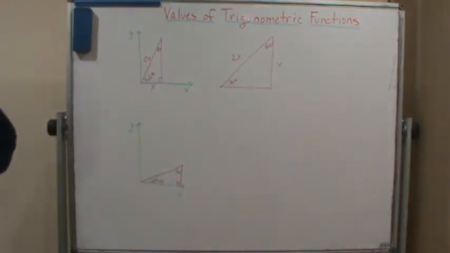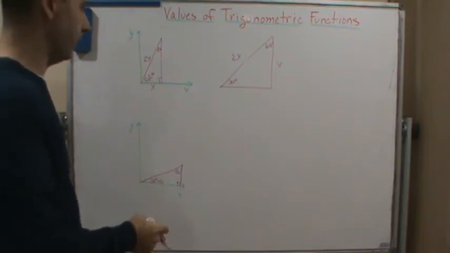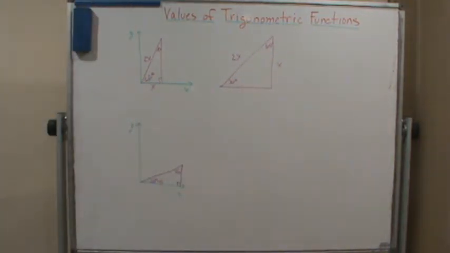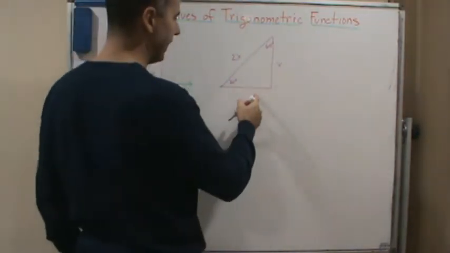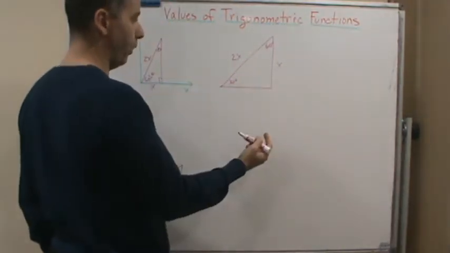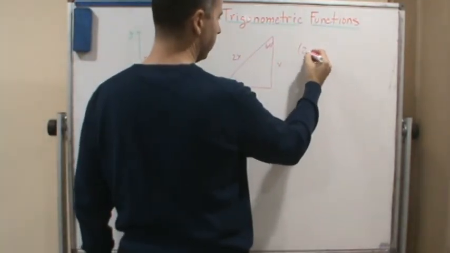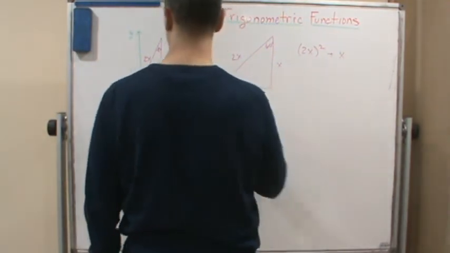And then if we use the Pythagorean Theorem to solve for this missing side, what would we get? Let's figure it out.